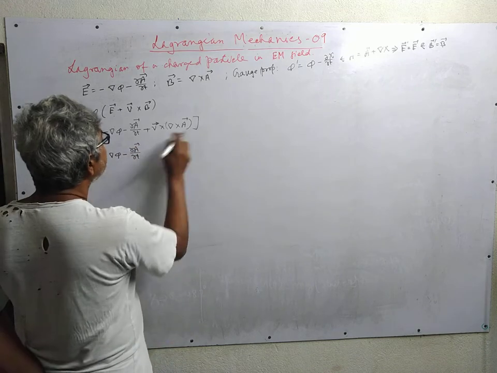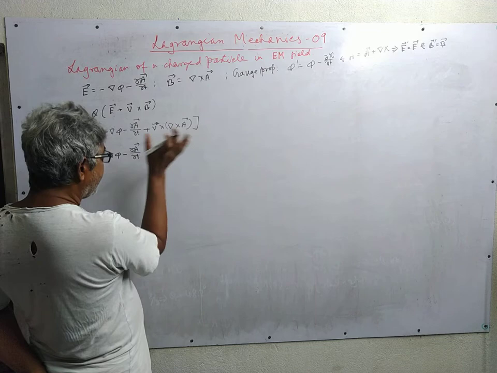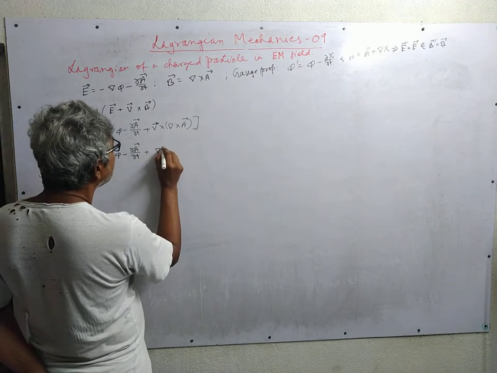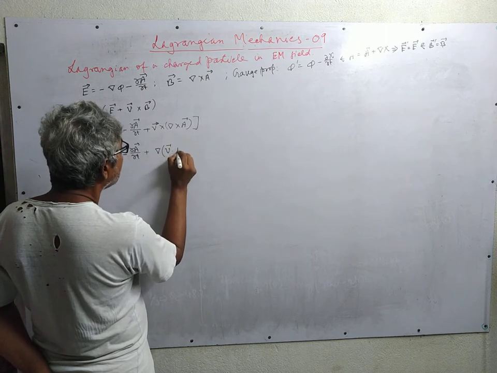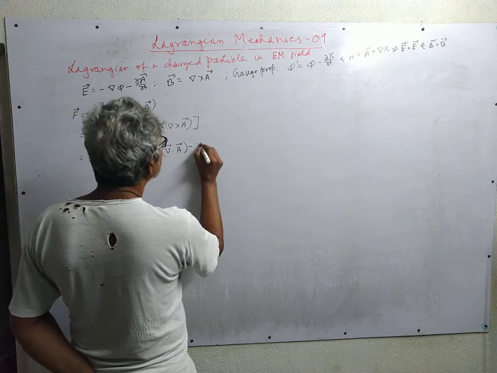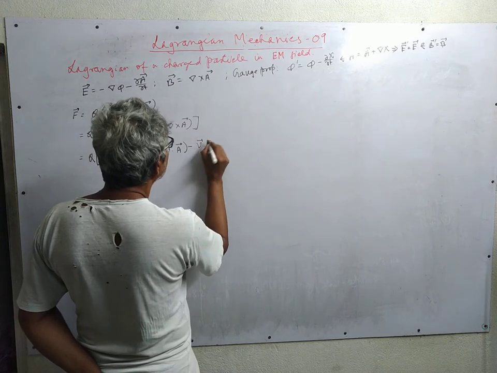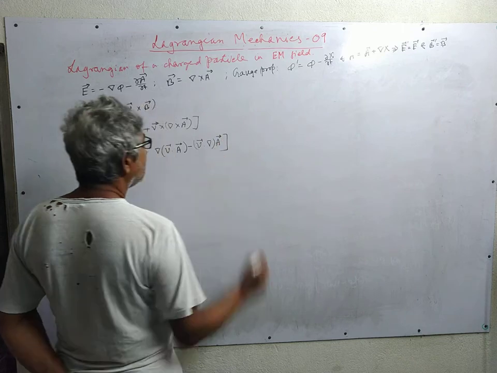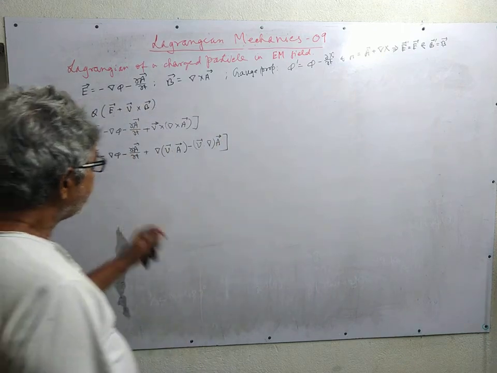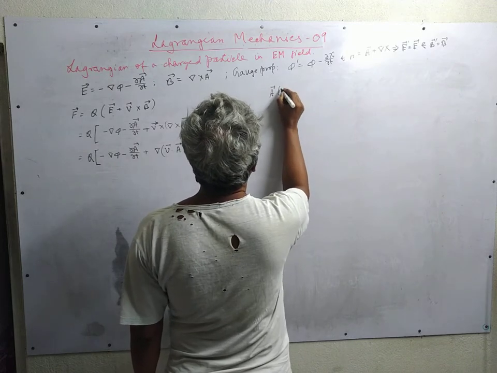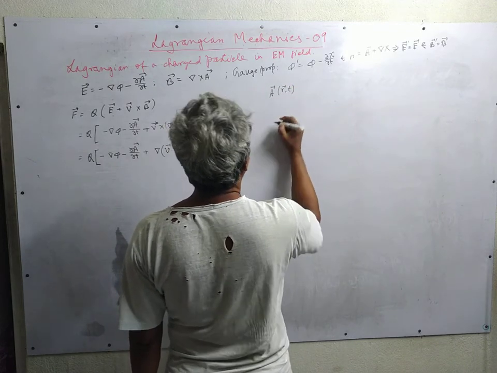Now we break it up in components. We recall that the vector potential is a function of position and time.